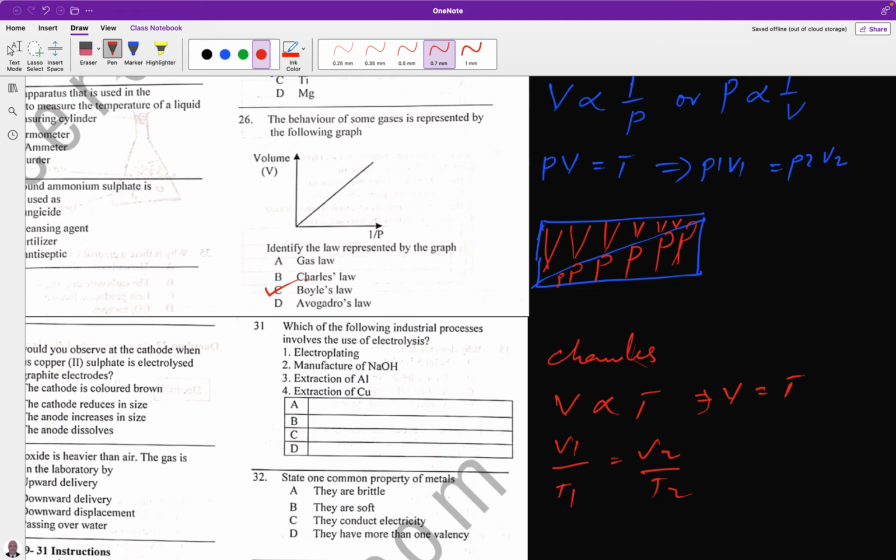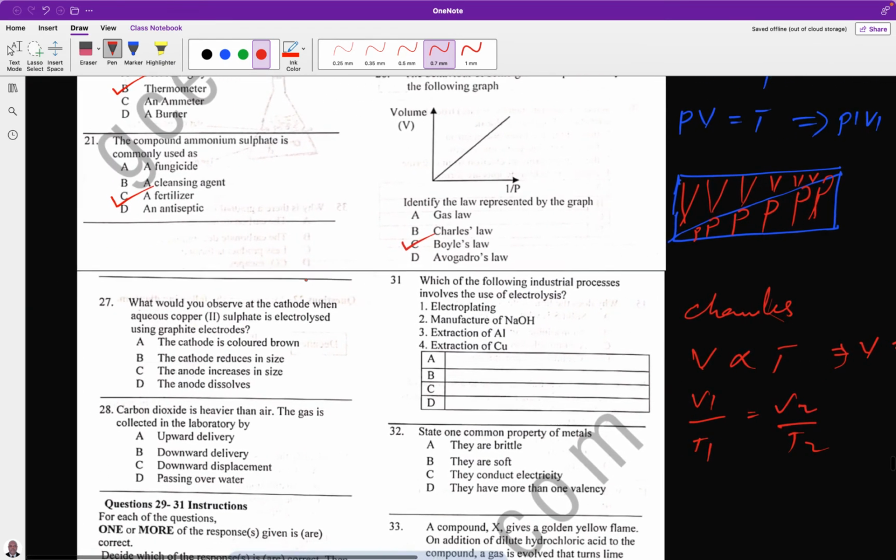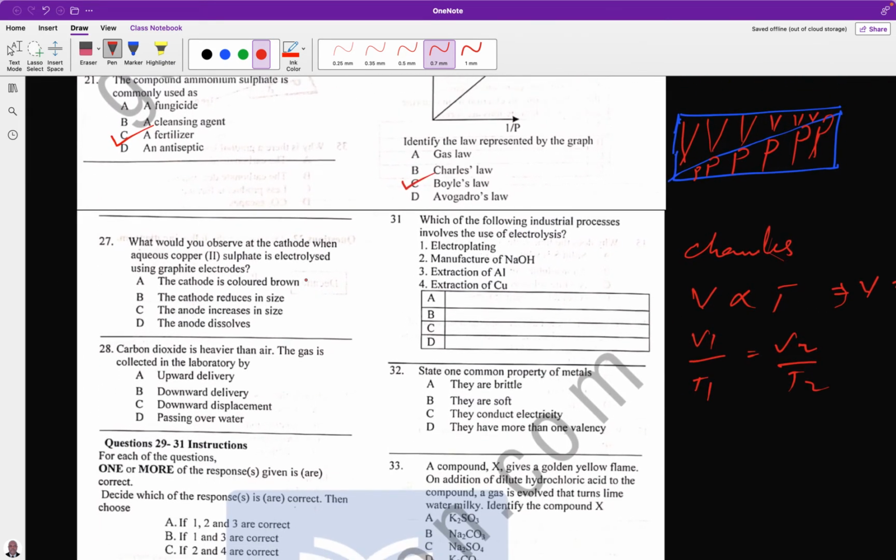Question number 27. What will you observe at the cathode when aqueous copper sulfate is electrolyzed using graphite electrode? Graphite electrode is an inert electrode.